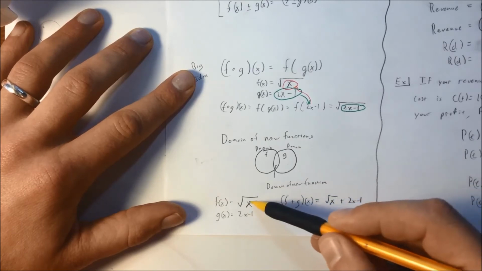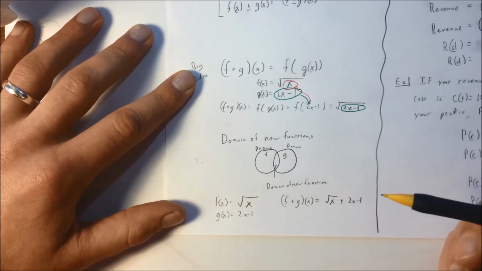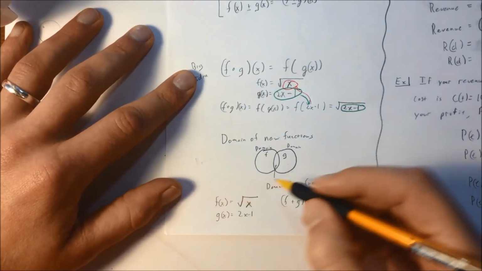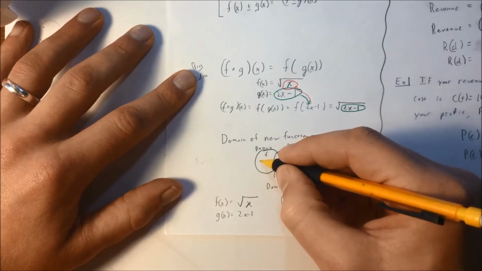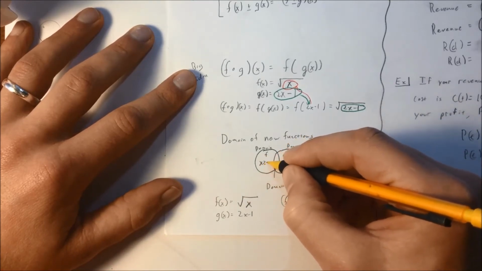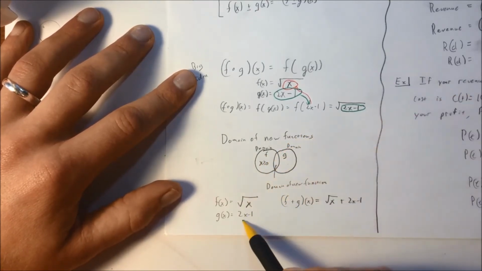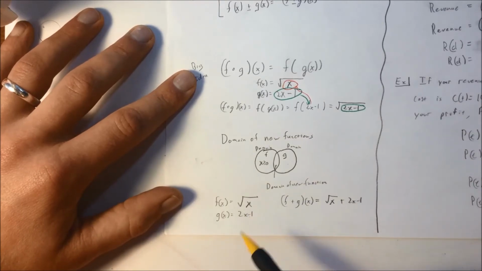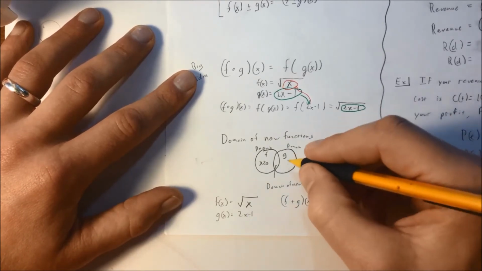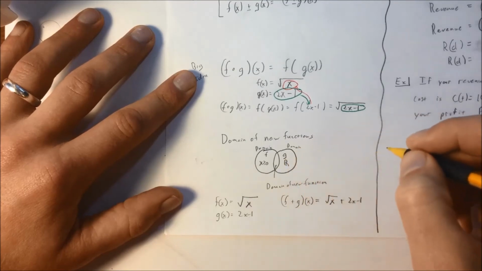We know we can only plug in numbers greater than or equal to 0 into a square root function. Otherwise, we get imaginary numbers. So the domain of f, in this case, is all numbers x greater than or equal to 0. In straight lines, though, we can plug in any real number. So it's all real numbers.